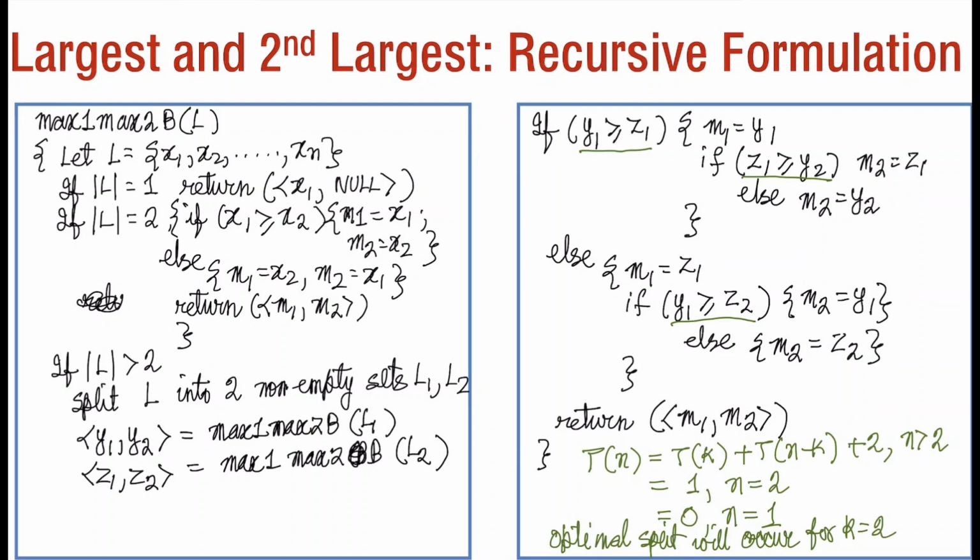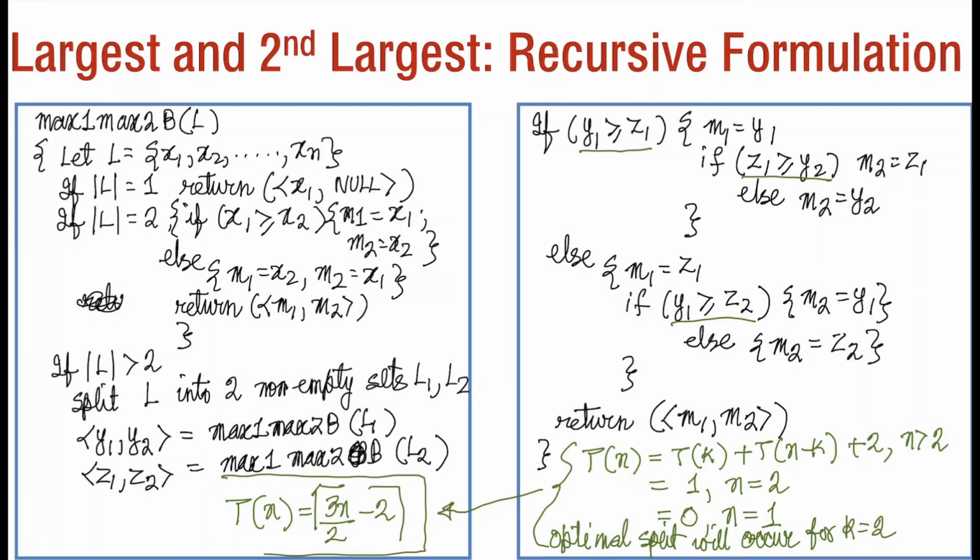And if we choose k equal to 2, then this whole equation will finally give us 3n by 2 minus 2. Ceiling of that means the immediate integer after this if it is a fraction.